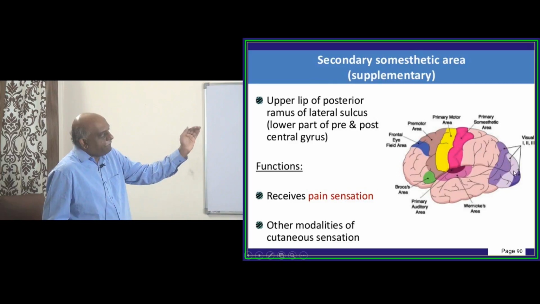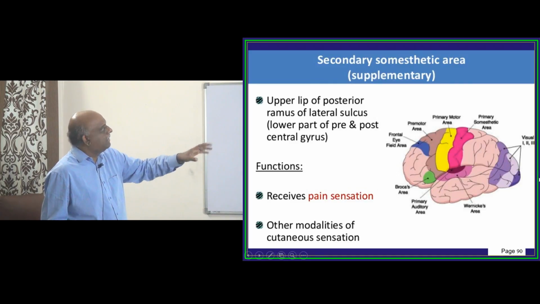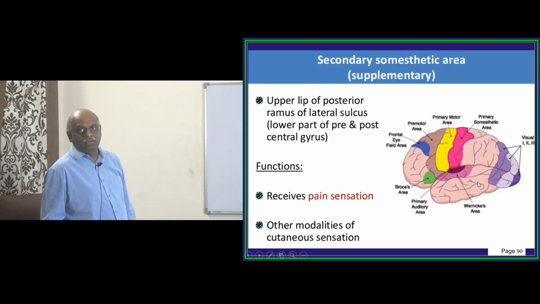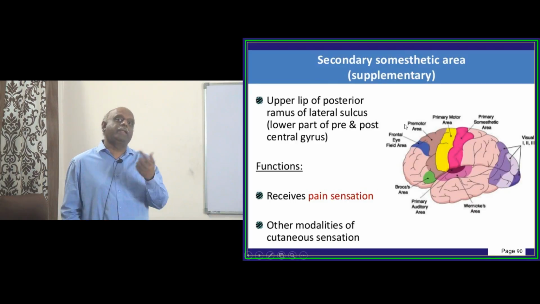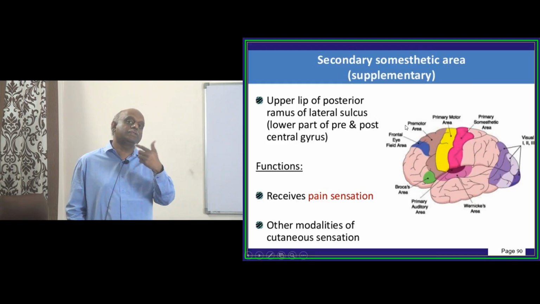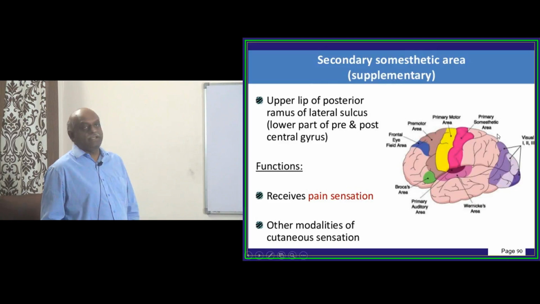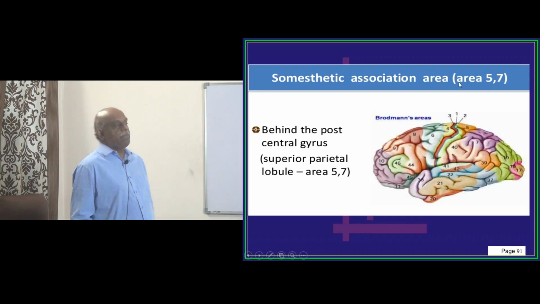Lateral sulcus का posterior पीछे होता है, anterior भी होता है. The posterior ramus of the lateral sulcus is the one which is typically represented by the supplementary somatosensory somesthetic area. It receives the pain sensation and mainly pain sensation is what you have to remember.